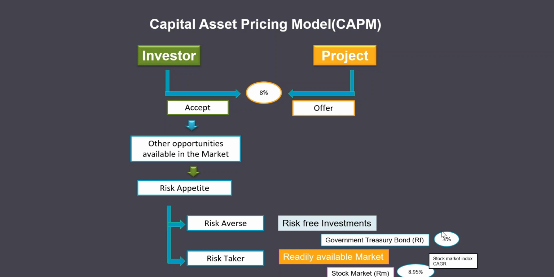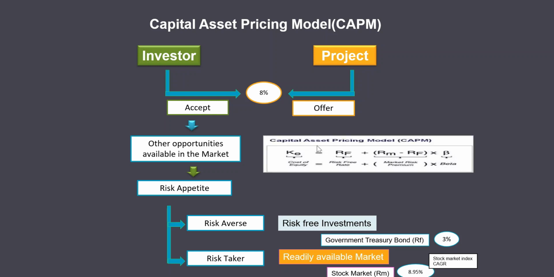We have two elements here: the risk-free investment, represented by RF, 3%, and the stock market return, represented by RM, 8.95%. To calculate, we can use this formula, the Capital Asset Pricing Model, CAPM.